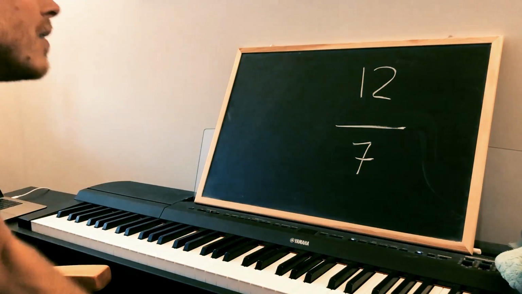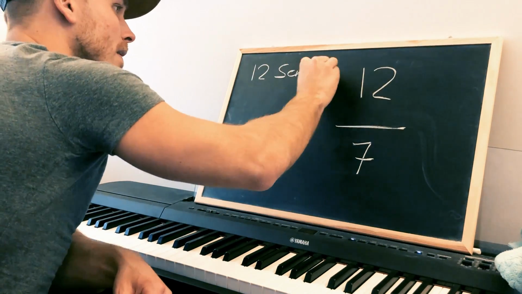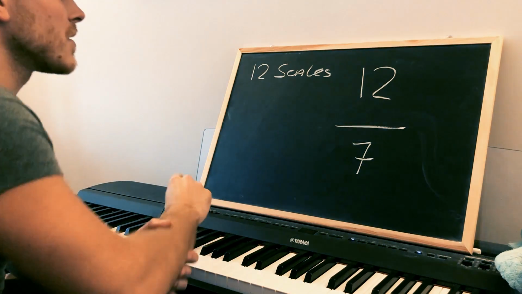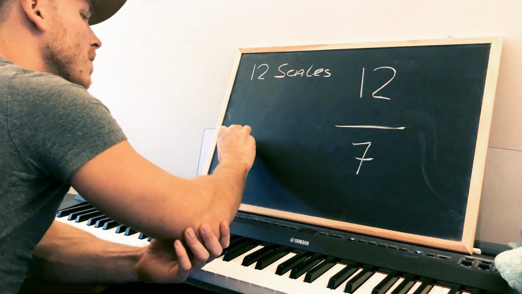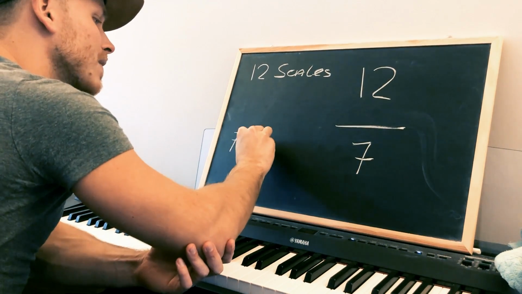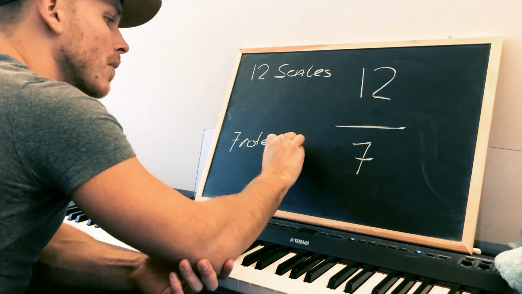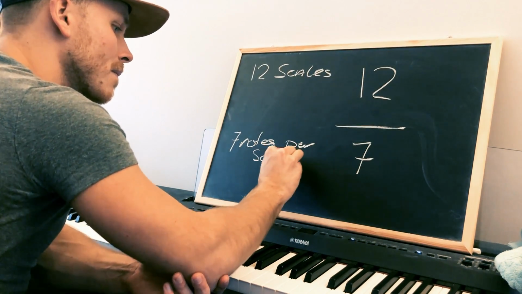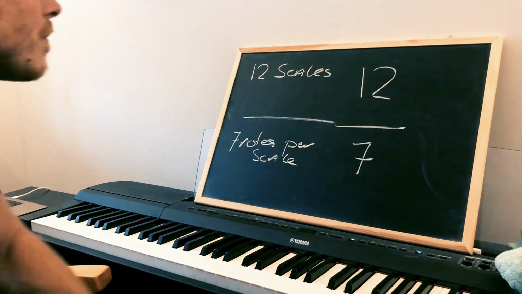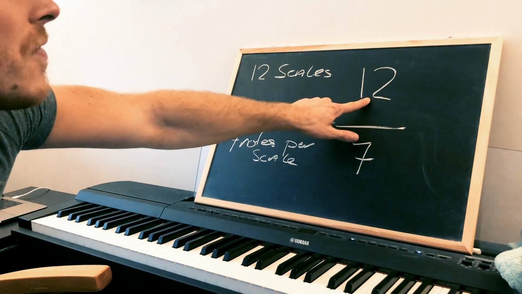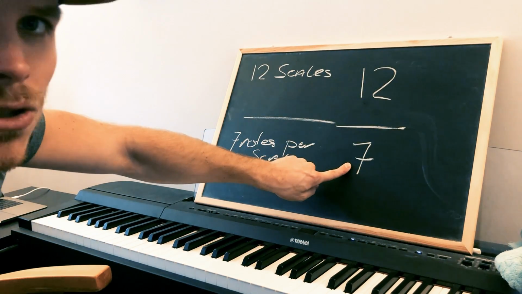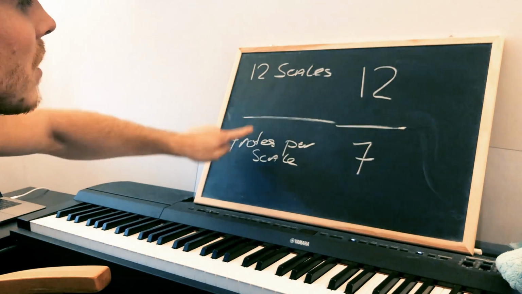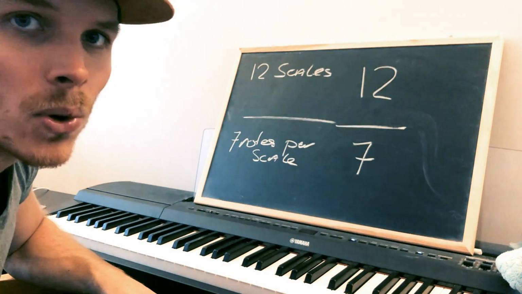So we have 12 scales and 12 notes, and every scale consists of 7 notes. 7 notes per scale. So 12 notes, 7 notes being used, there's 12 scales, and every scale has 7 notes per scale.